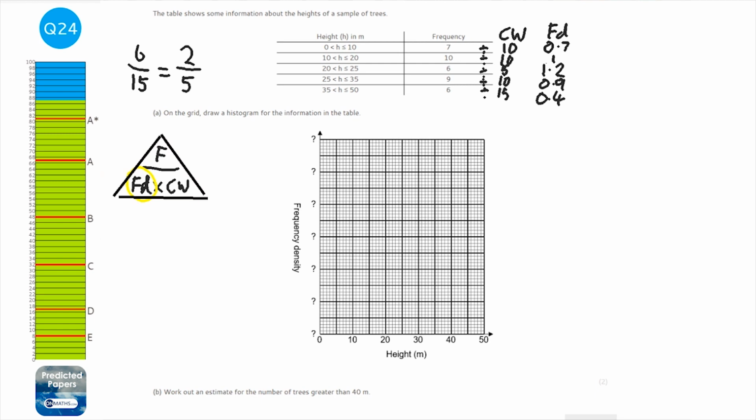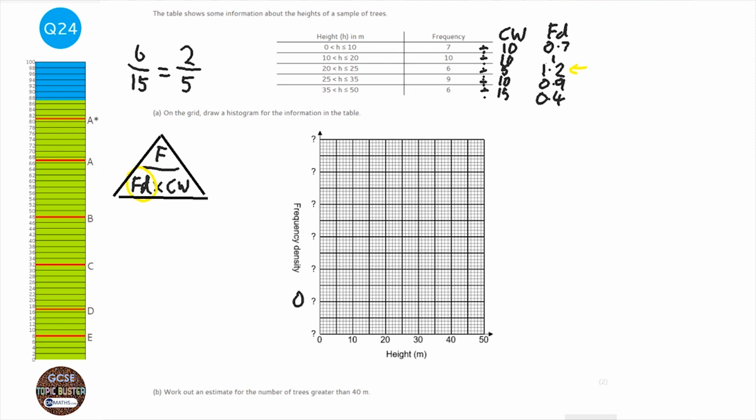Now we've got to figure out what scale to do on the left hand side for our frequency densities. Well, our highest number is this 1.2 here, so we need it to at least go up to 1.2. So if I go up in 0.2s, 0.2, 0.4, 0.6, 0.8, 1, 1.2, that would be perfect.